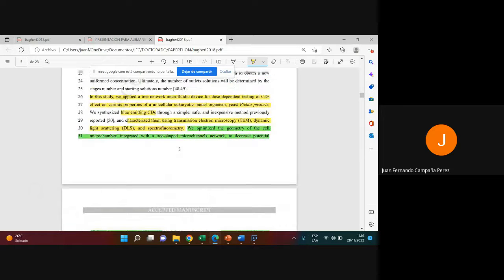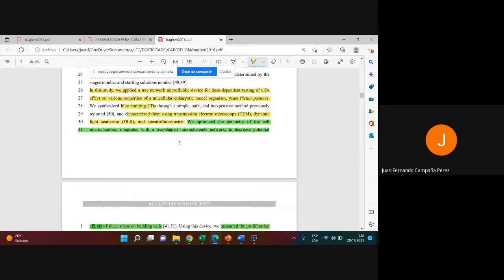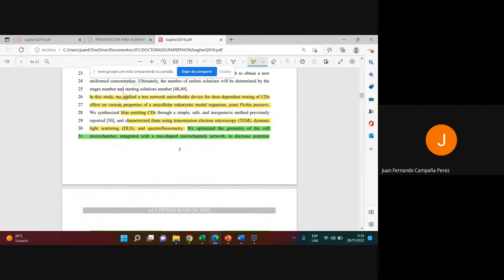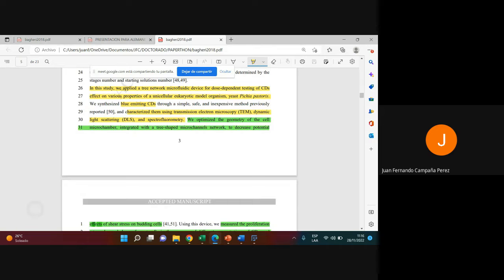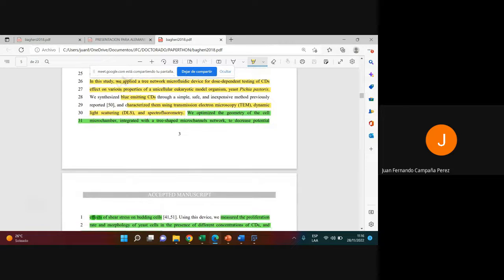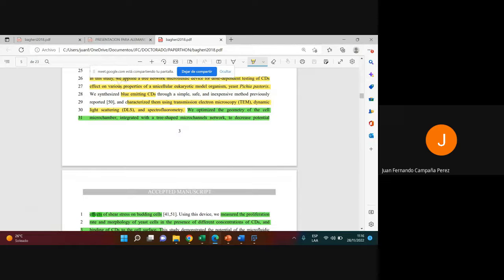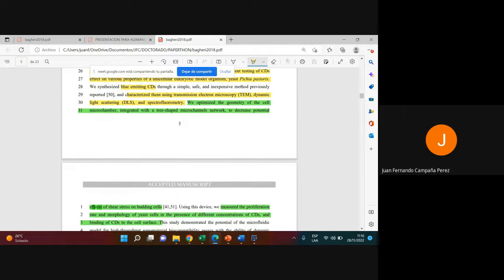They applied a tree-network microfluidic device for dose-dependent testing of these carbon dots effects on various properties of a unicellular eukaryotic model. They synthesized blue emitting carbon dots, and after that they characterized them using electron microscopy, dynamic light scattering, and spectrophotometry.